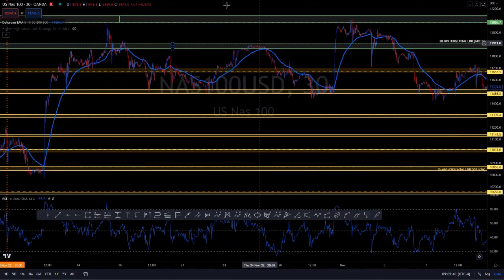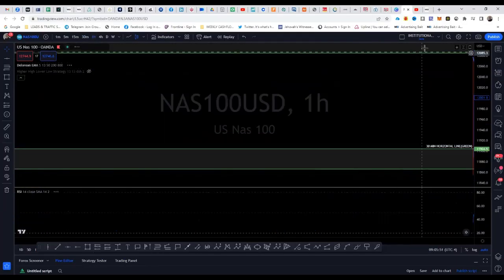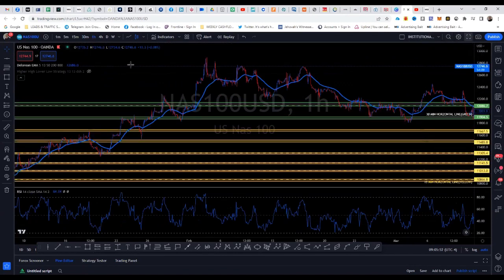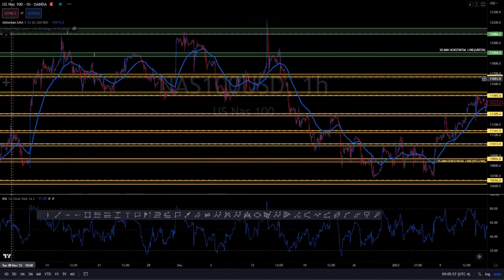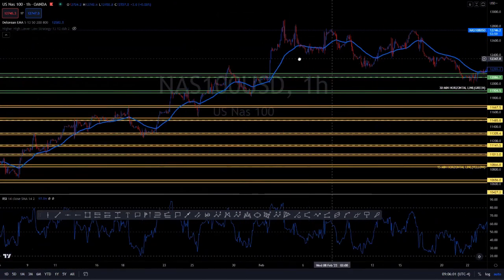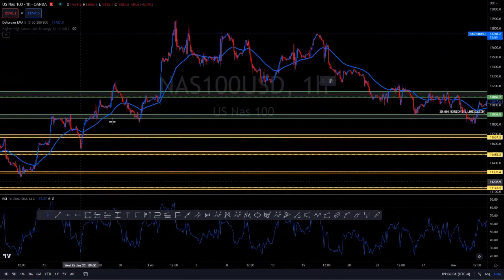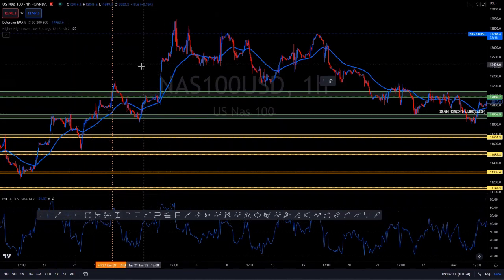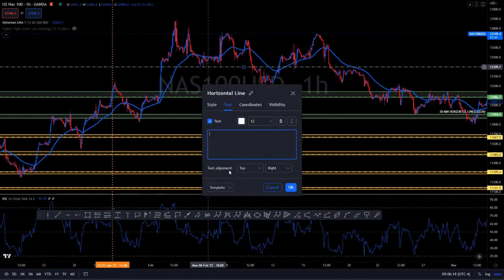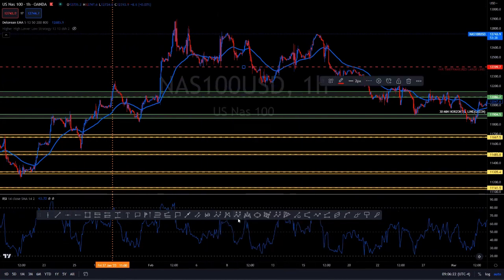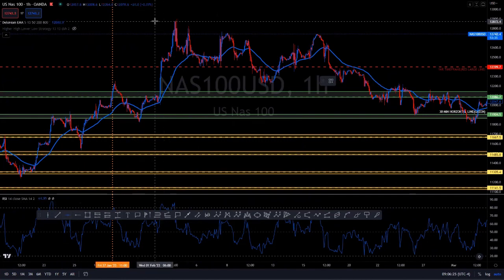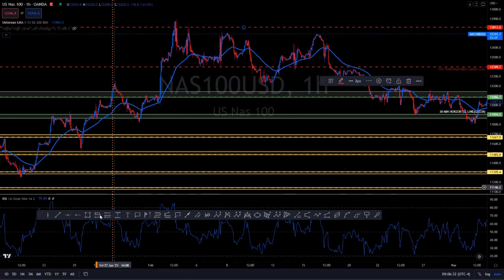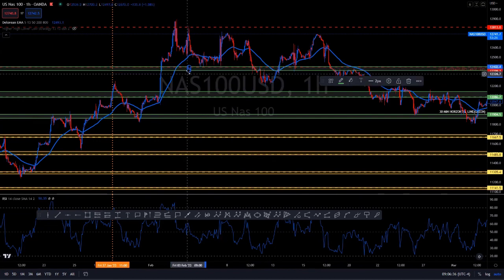So let me go ahead and switch to the one. The solid zone areas.